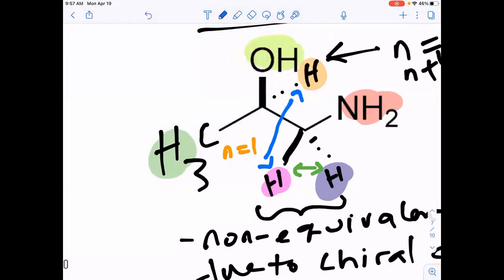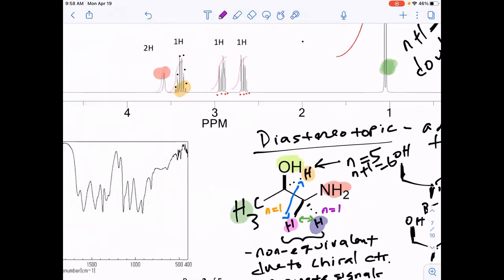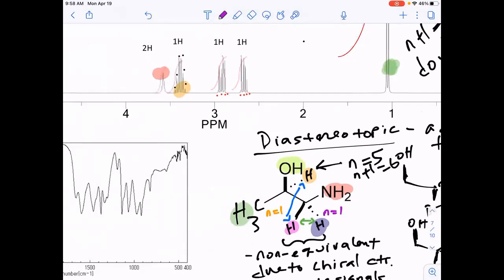And then for the purple one, N is also going to be 1. So what happens is that signal gets split into 2 doublets, right? And that's why you see 4 lines up there, because the signal is split into 2 doublets, and we call it a doublet of doublets.